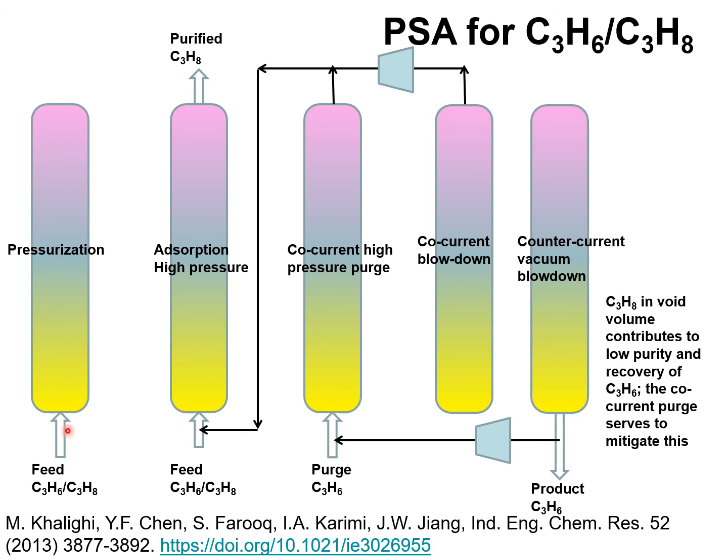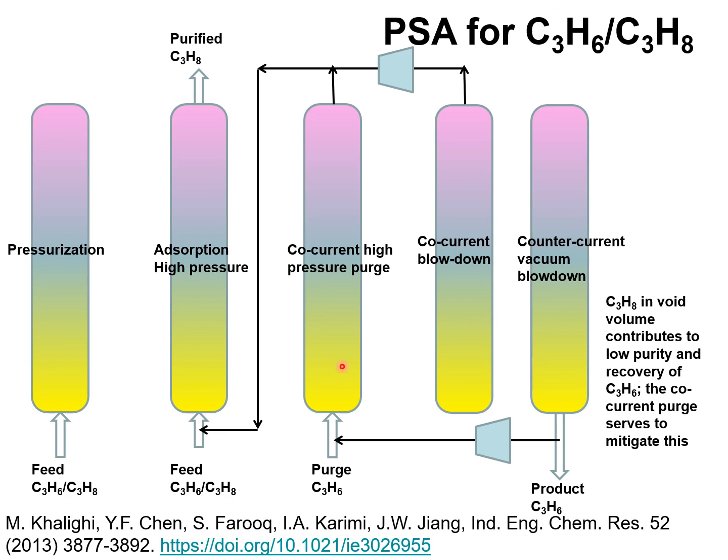The first step is a pressurization step, followed by a high pressure adsorption cycle in which purified propane is removed from the top. This is followed by a co-current high pressure purge where any remaining propane is purged using a part of the desired product, propene.